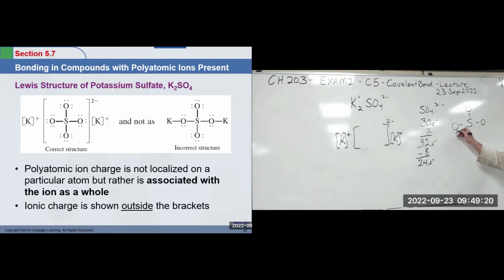Everybody's got an octet. Plus, now it's complete. Without the charge on that group, it's not complete.